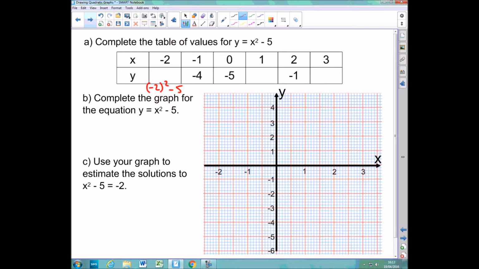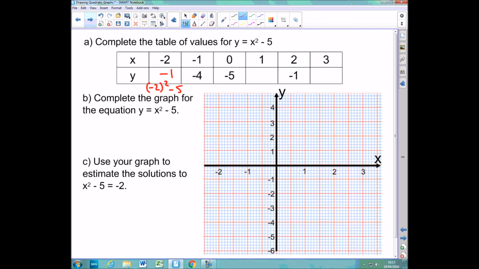Now I know that minus 2 squared is minus 2 times minus 2, which is going to equal 4, not minus 4, but 4. And this is because minus 2 times minus 2 is a negative multiplied by another negative, which is a positive. So I've got 4 minus 5, that is minus 1.